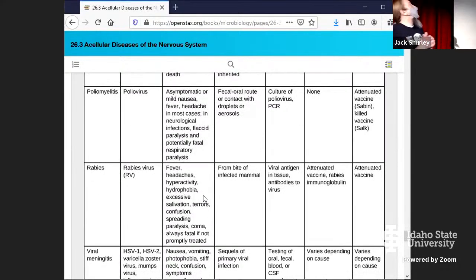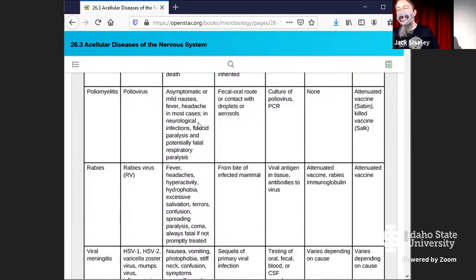Okay, polio. Poliomyelitis, you could see some cases that are asymptomatic. We obviously showed the more severe stuff. So it could be mild, a little bit of nausea and fever, and you see some headache.